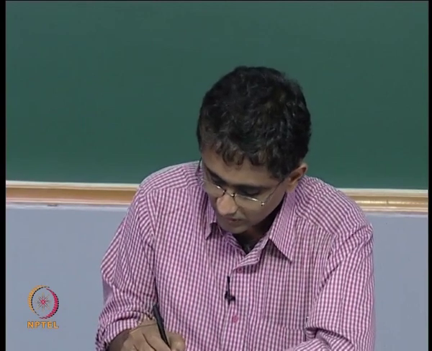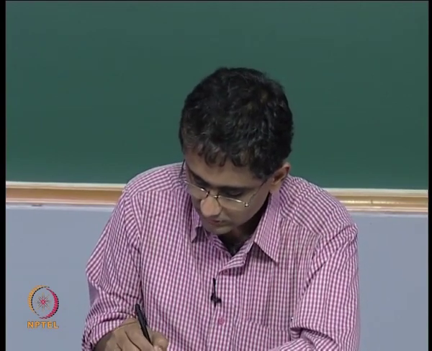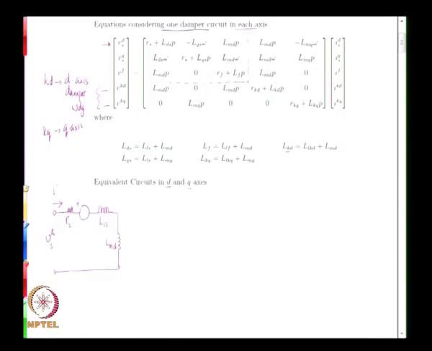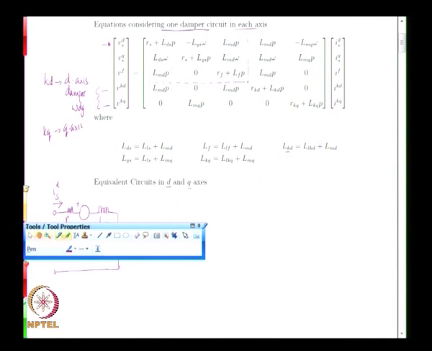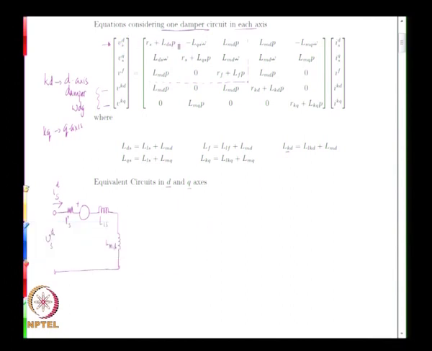So, if the current that is flowing into this is IDS, then we can see that the first equation is already met. VDS is nothing but IDS multiplied by RS, that accounts for this term, and then LLS plus LMD multiplied by d by dt of IDS.